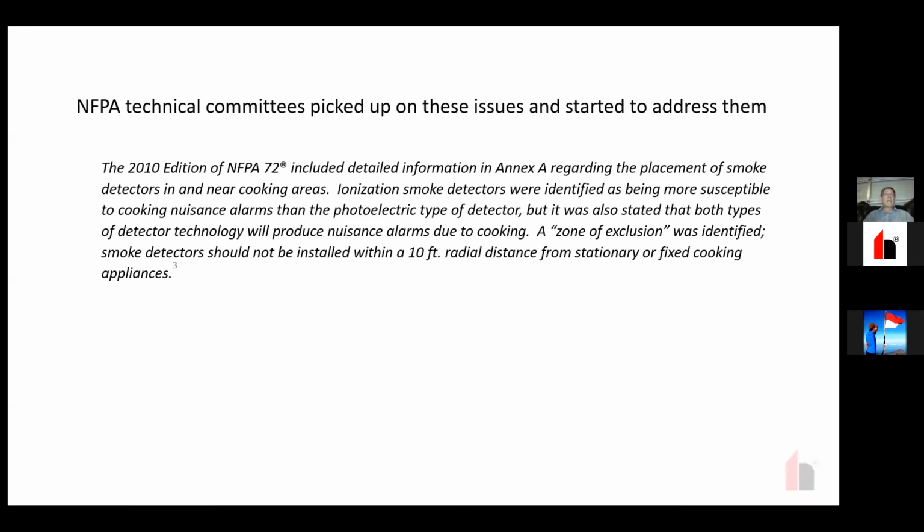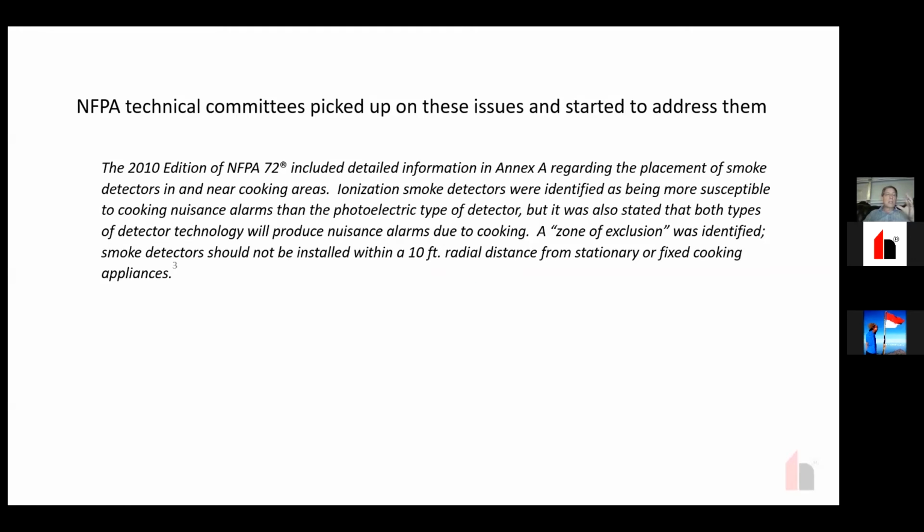They identified ionization smoke detectors as being more susceptible to cooking nuisance alarms than the photoelectric type. And they also identified what they called a zone of exclusion. It says smoke detectors should not be installed within a 10-foot radial distance from stationary or fixed cooking appliances.